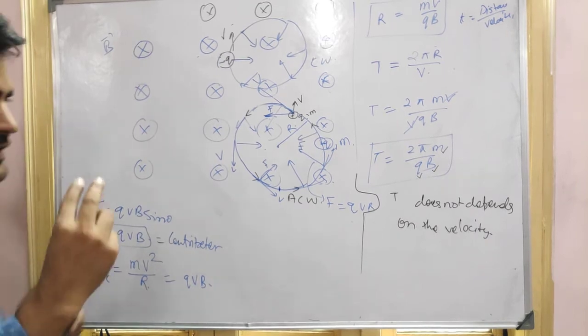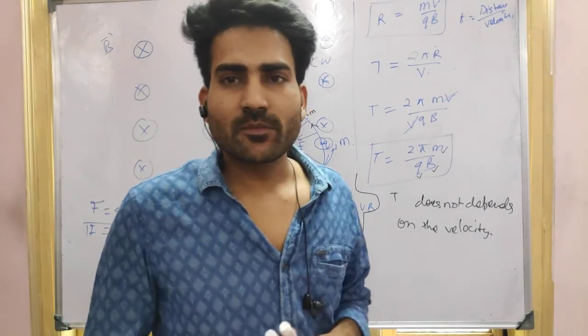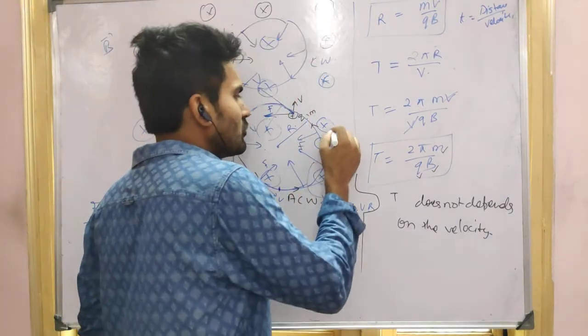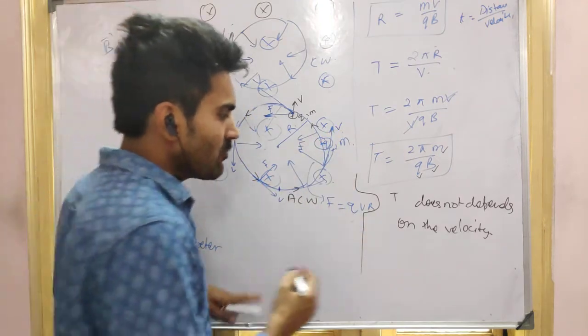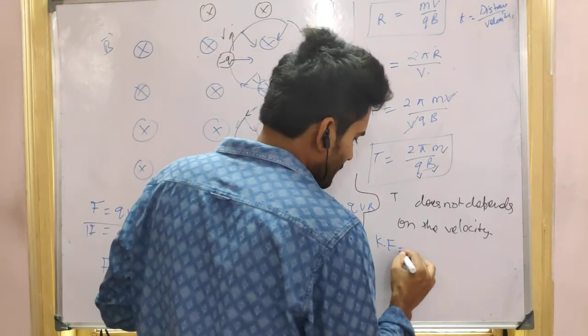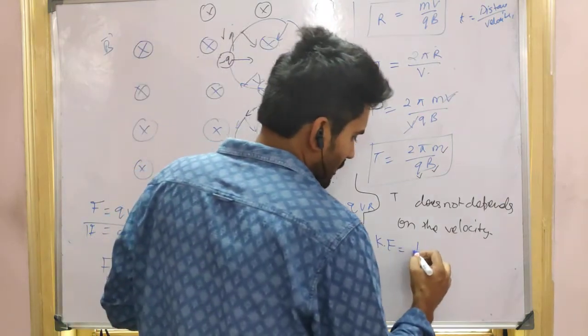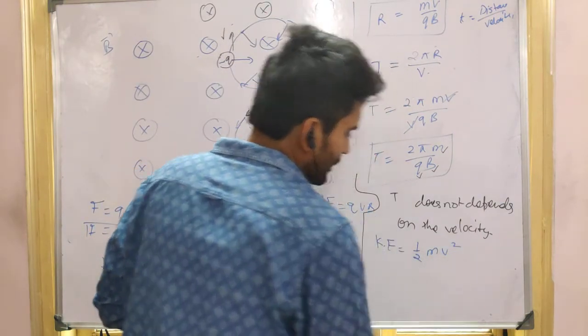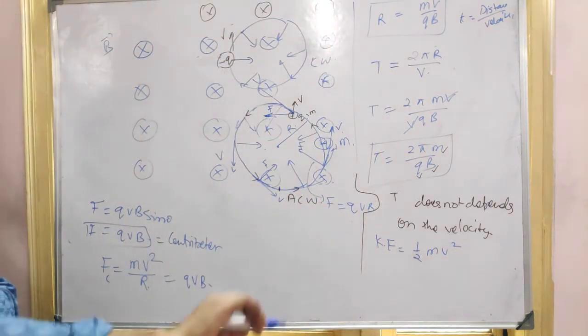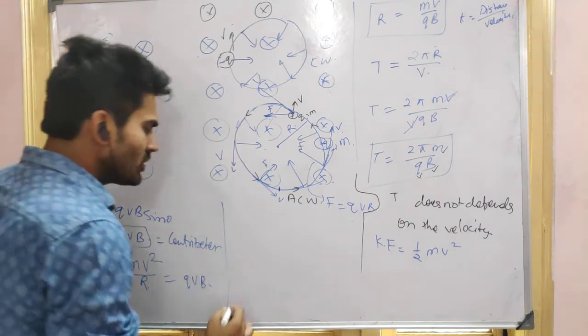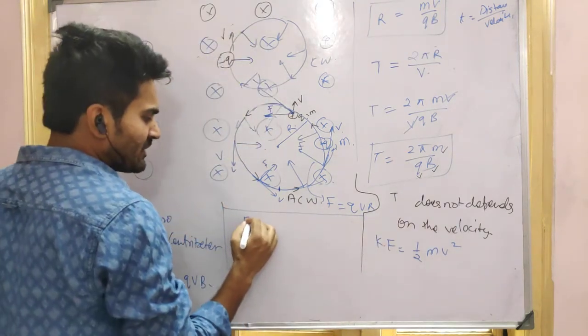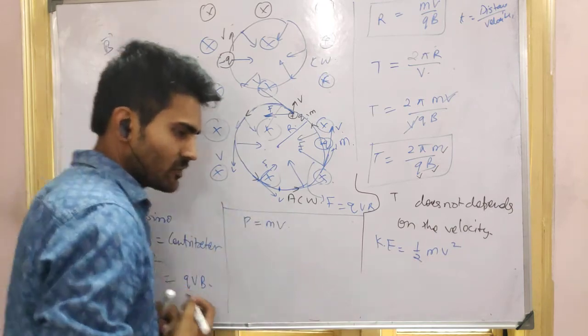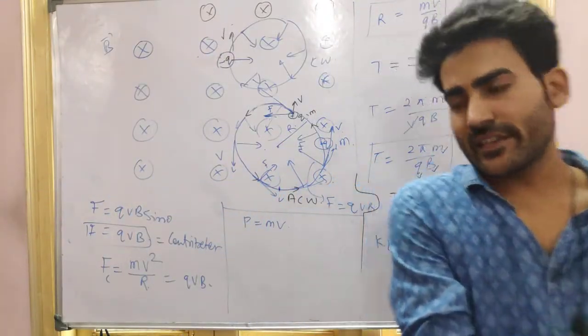So guys, can you tell me what will be the kinetic energy of this particular particle? Let's say it is moving with some velocity v. What will be the kinetic energy, guys? That will be half mv square. Yes or no, guys? And we know very well that P is equal to mv. What is P, guys? Yes, momentum.